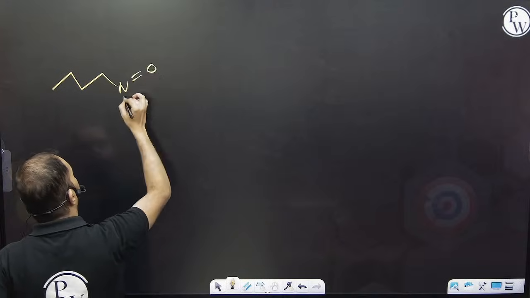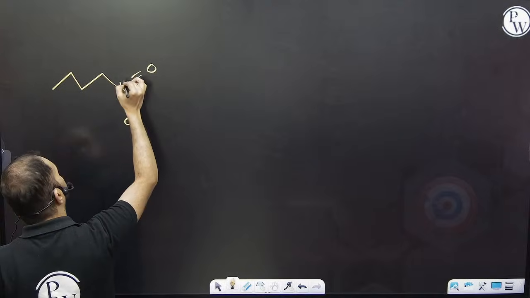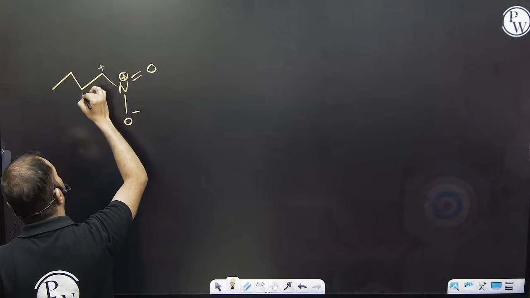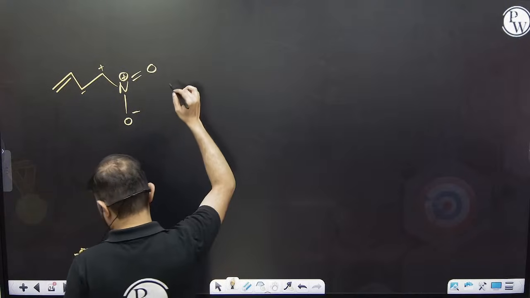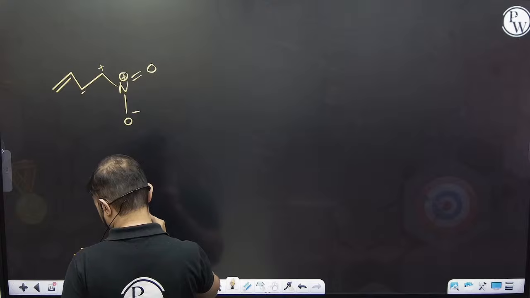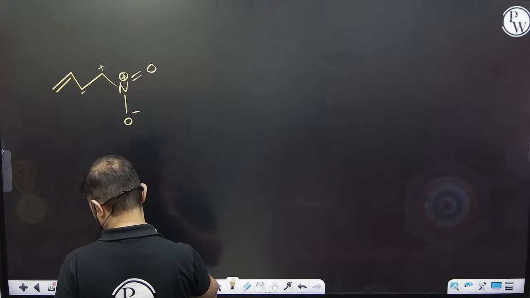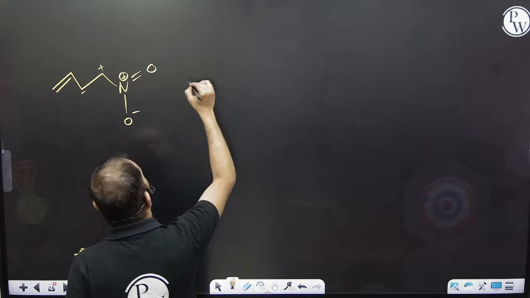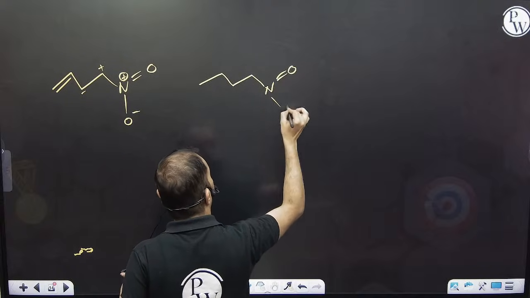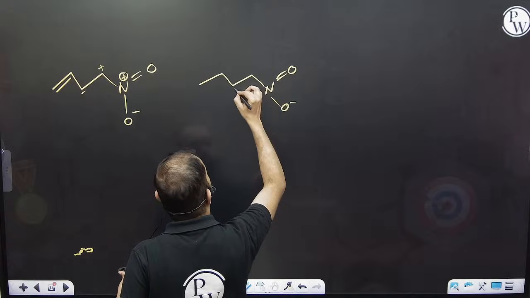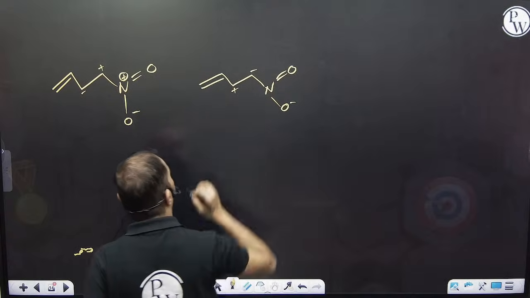The question was like this: O minus, a positive over here, a positive over here, negative over here, double bond over here, right? Then there was this structure, double bond O minus, positive, negative, something like these kind of structure.